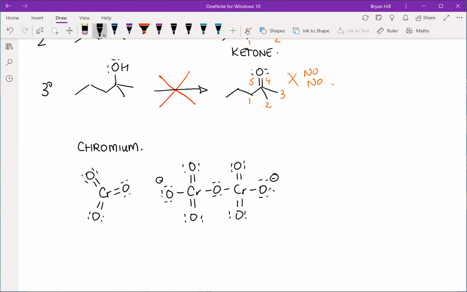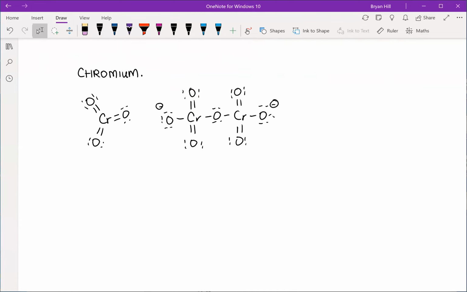And if either of these are basically put in acid and water, they end up making chromic acid, which looks like this. And it's a very powerful oxidizing agent. So the reagents that are used usually start off with CrO3 or Na2Cr2O7, something like this.